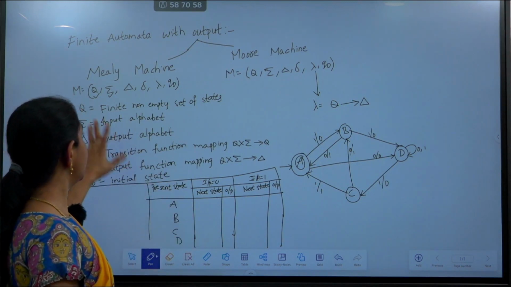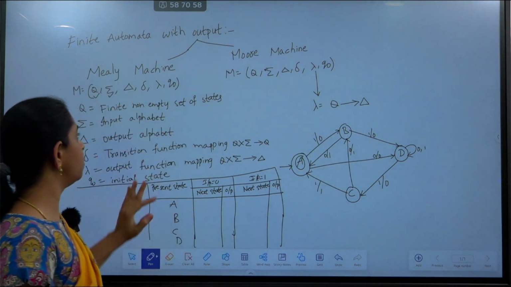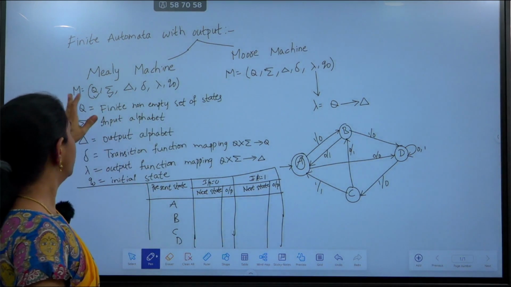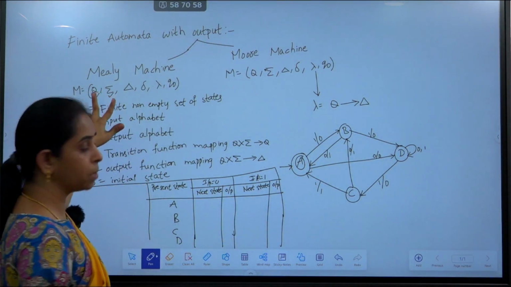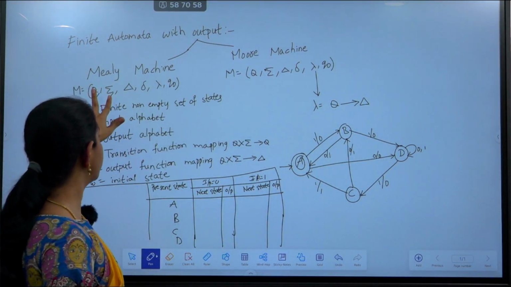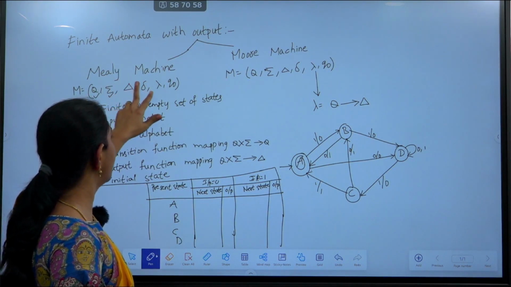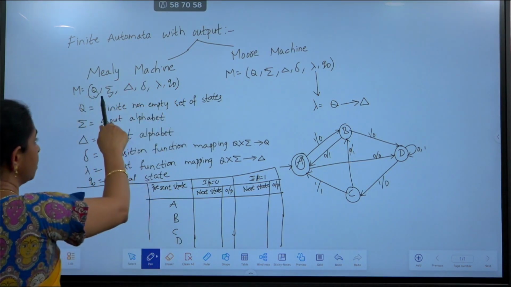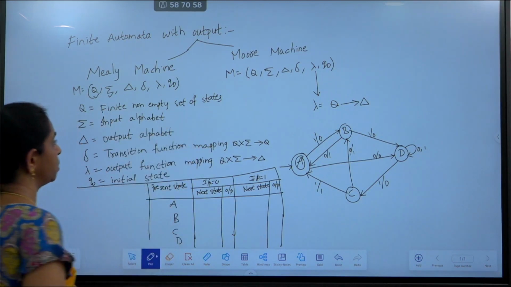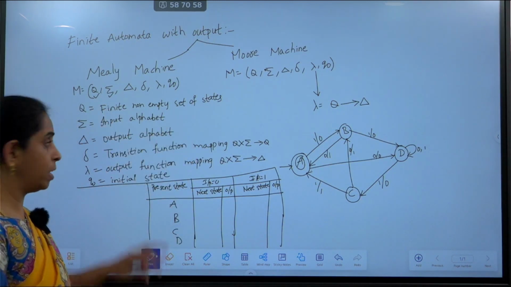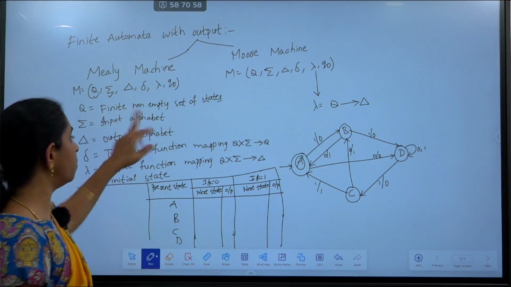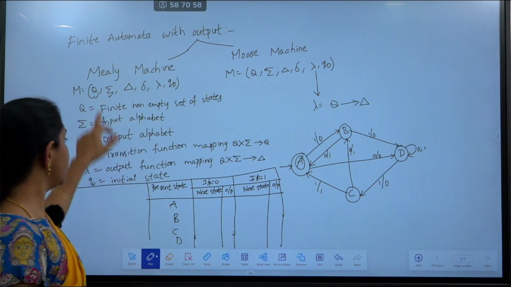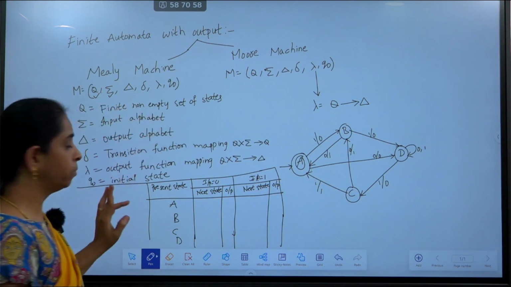When we see the formal definition of the Mealy machine, we have 6 tuples: Q, sigma, delta, gamma, lambda, Q naught. Q means a finite non-empty set of states, sigma is the input alphabet, delta is the output alphabet.